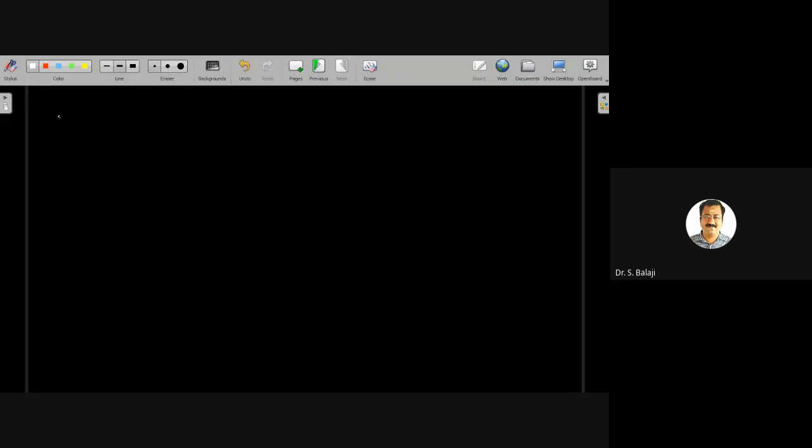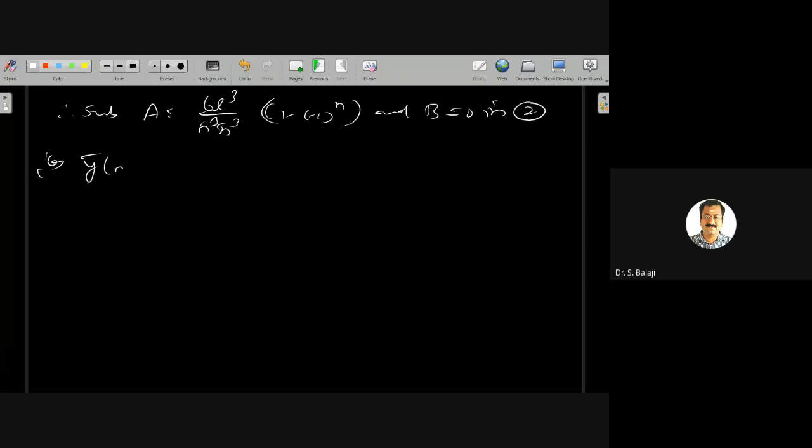Therefore, substitute A equal to 6L cube by n cube pi cube times (1 minus (minus 1) whole power n), and B equal to 0 in equation number 2. That is y bar of n comma t.